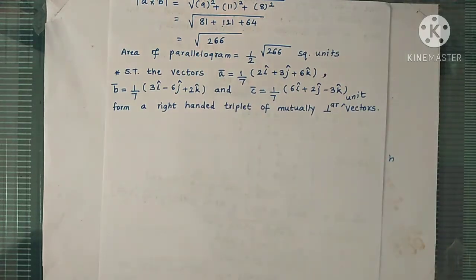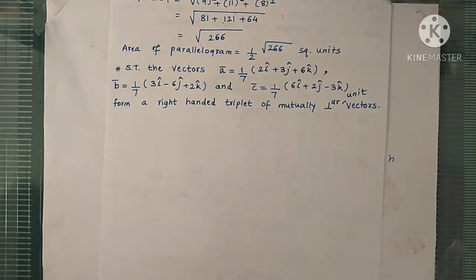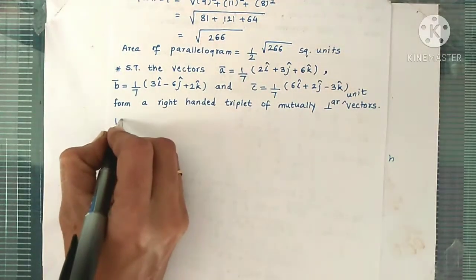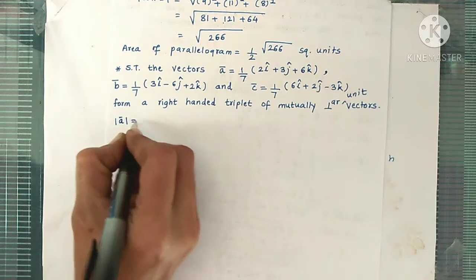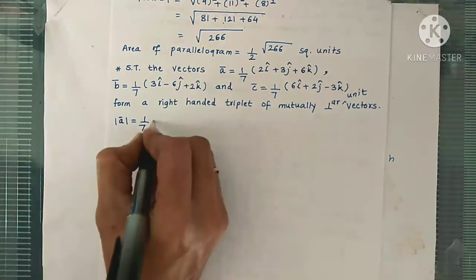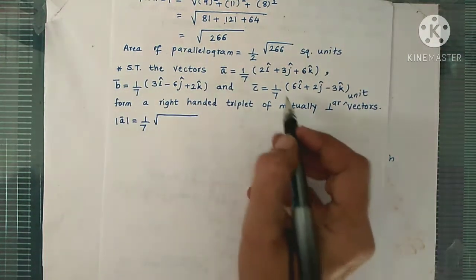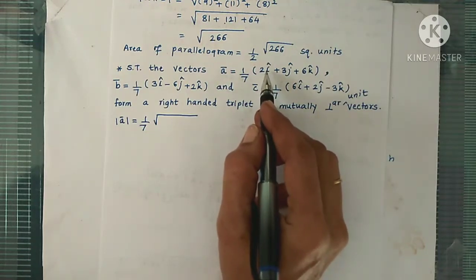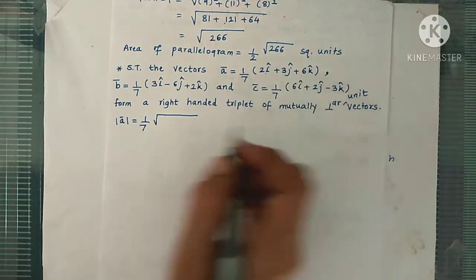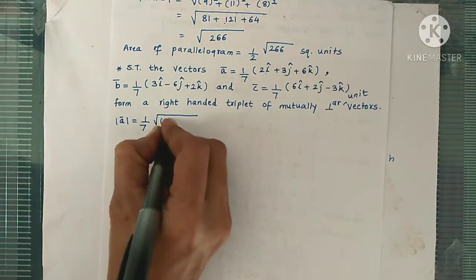To prove that those are unit vectors, we have to prove that all the vectors have magnitude 1. So let's find the magnitude of a bar, b bar and c bar. Magnitude of a bar equals 1 by 7 square root of, now a bar has the coefficients of i j k 2, 3 and 6. So square them and add them.